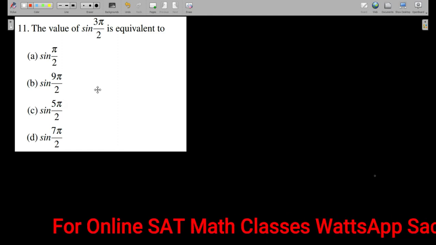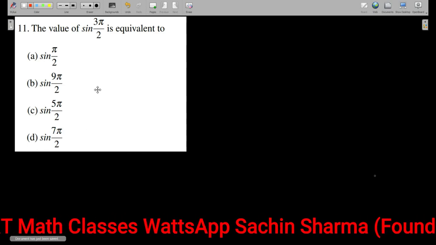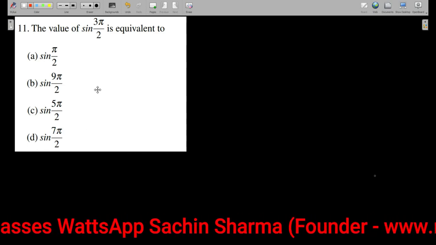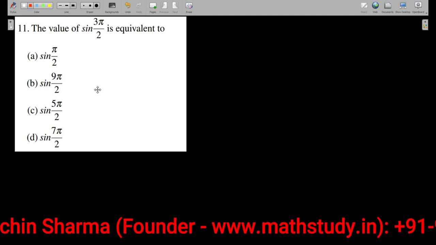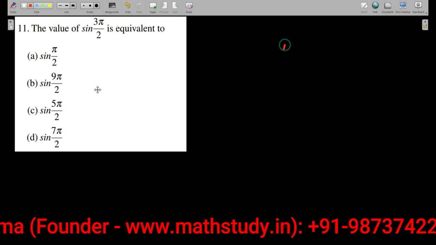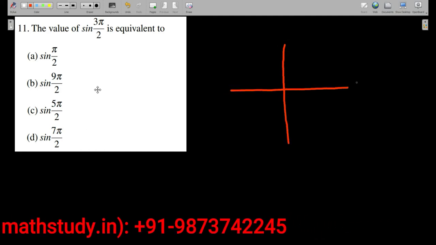Here we have to find the value of sine 3 pi by 2, and we have to tell which of the following options it is equivalent to. So let us first understand where the value of sine 3 pi by 2 lies basically.